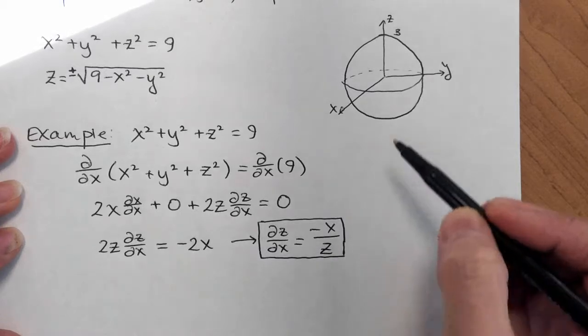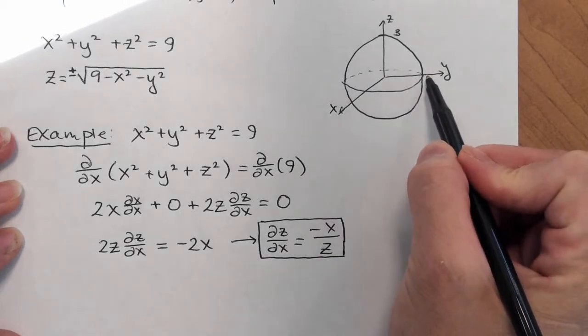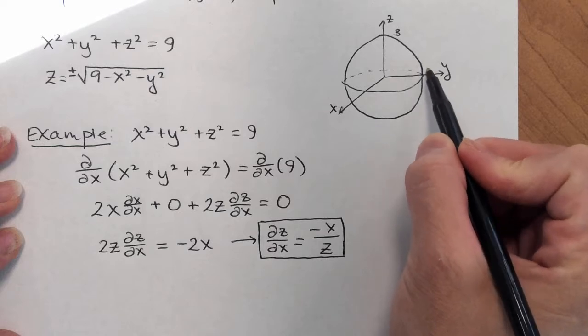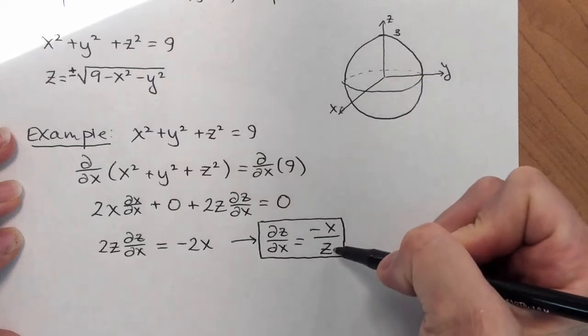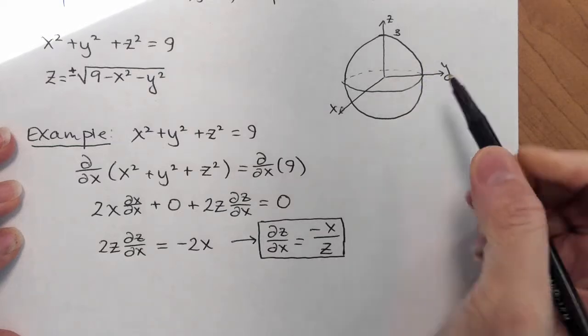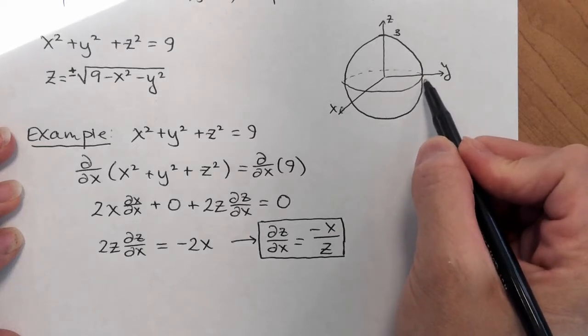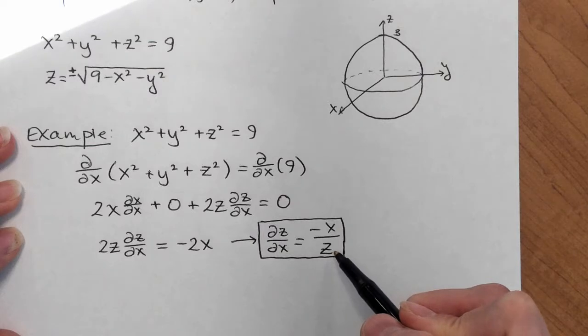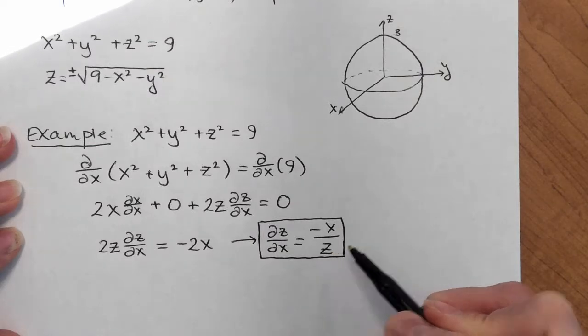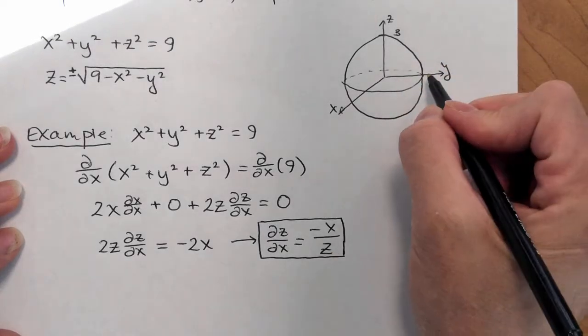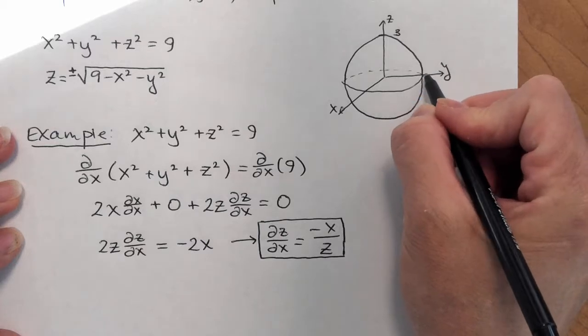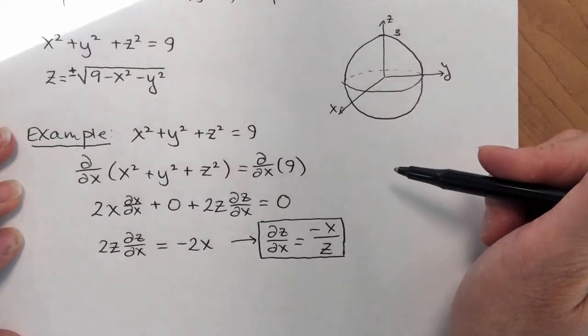So above the xy plane, you have a very steep negative slope, because you're dividing by an infinitely small positive number. And just below the xy plane, you have a very steep positive slope because you're dividing by an infinitely small negative number. So you can see the surface of the sphere is very steep near the xy plane.